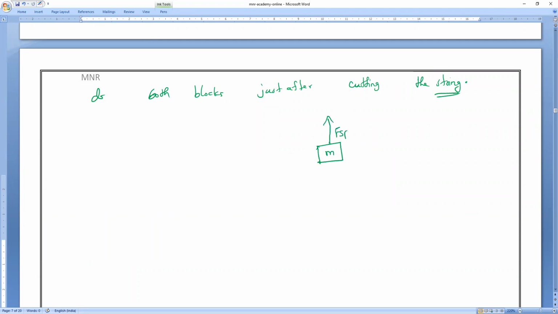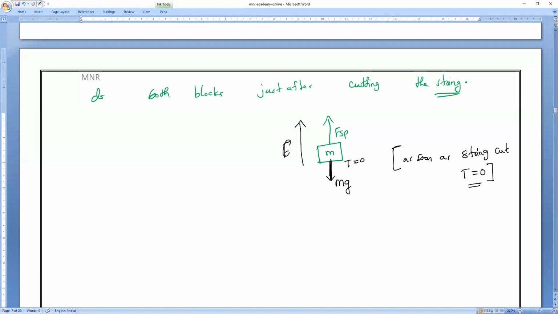Now downwards, keep it in mind, write in your notebook: as soon as the string is cut, the tension in the string will become zero. So only one force is acting downwards. What is that? The weight of the body, mg.